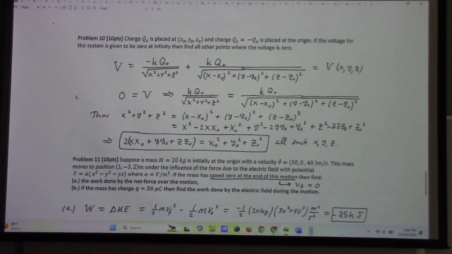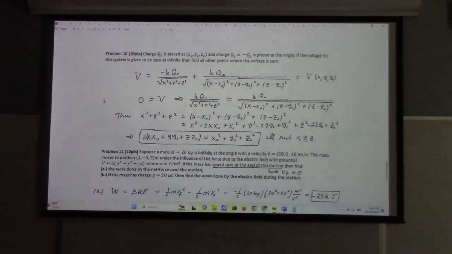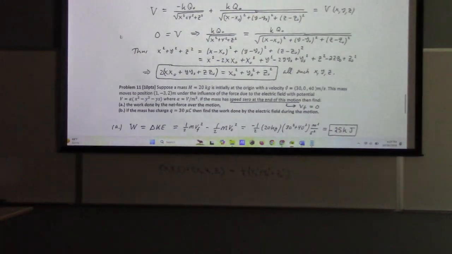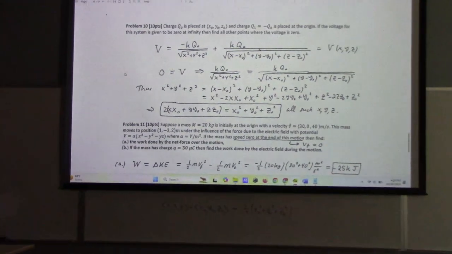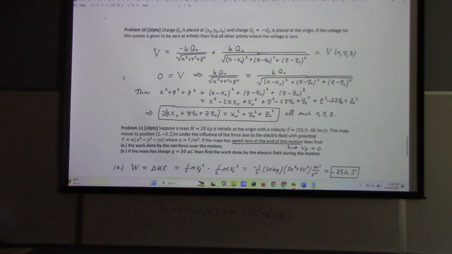What does it mean if you have a dot product with a fixed vector equal to a fixed value? Like, what is that the equation of? I don't know offhand. Let me turn the light on here in a second and we'll see what I wrote.